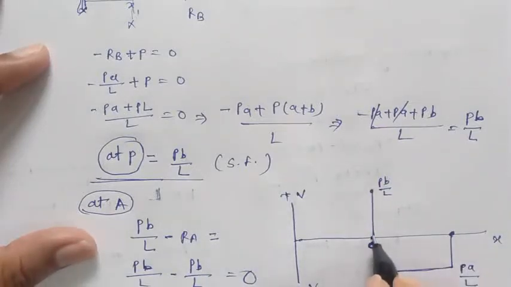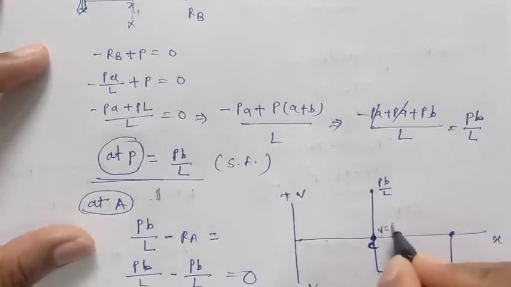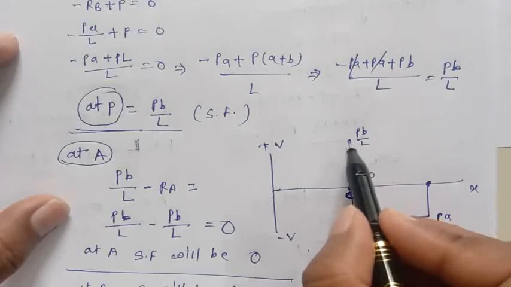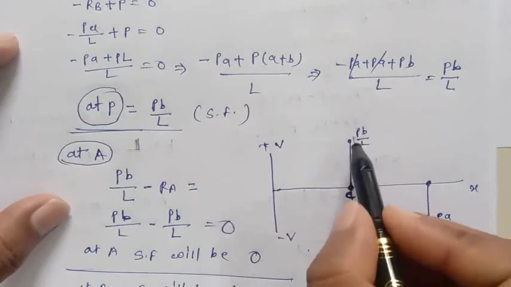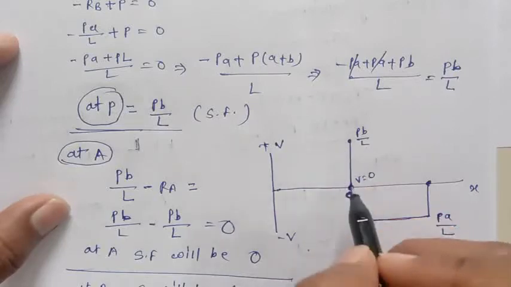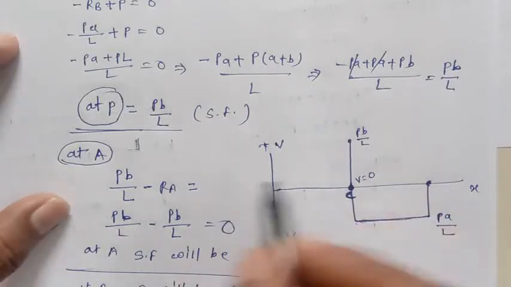This is the point where the shear force is 0, so V equal to 0 here. At P the value is PB by L, which is positive because the downward force P is there, so it will go up on the positive side.